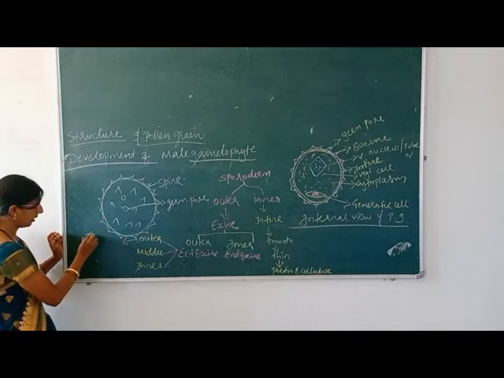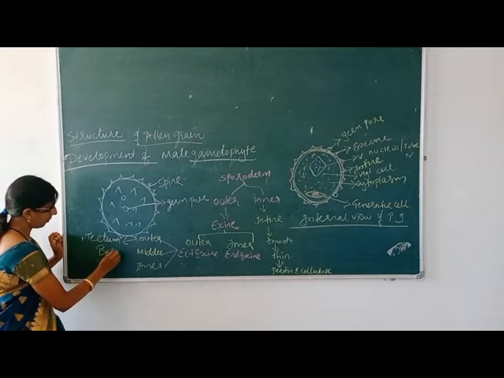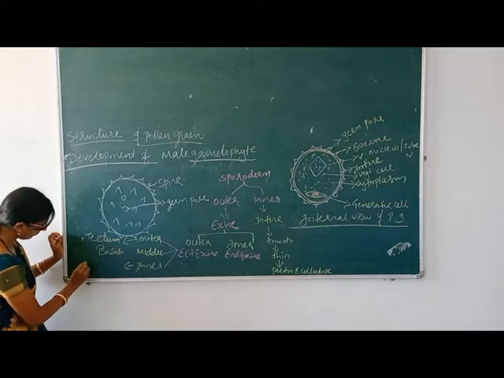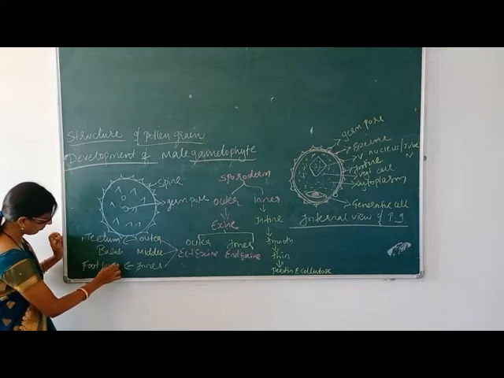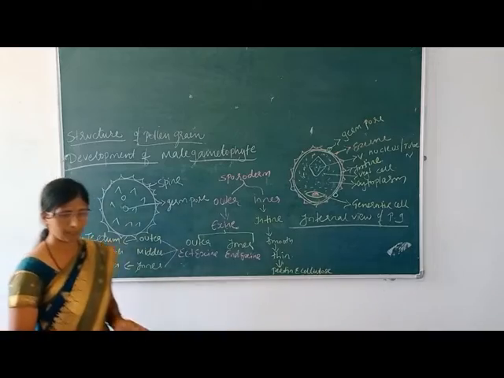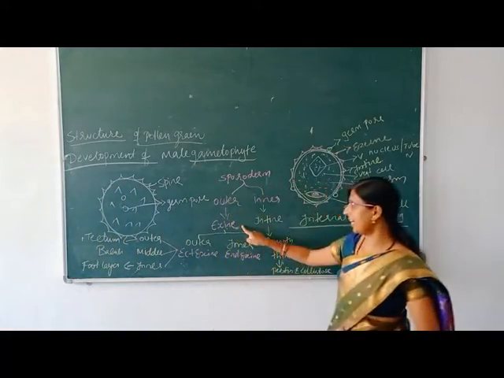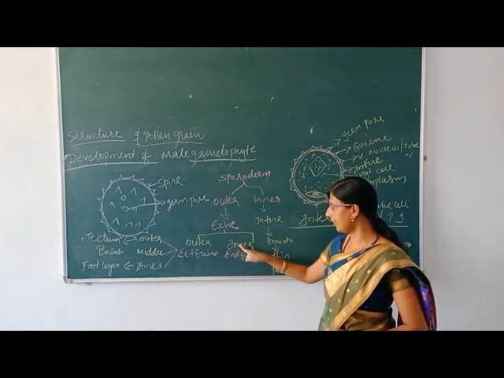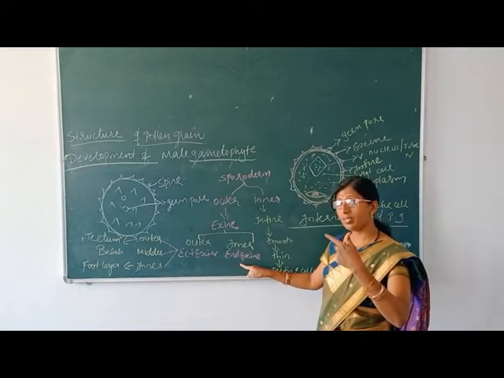Outer is tectum, then baculum, and the inner is foot layer. So the exine is again differentiated into outer and inner; outer is ectexine and the inner is endexine. Ecto is outside and endo is inside.